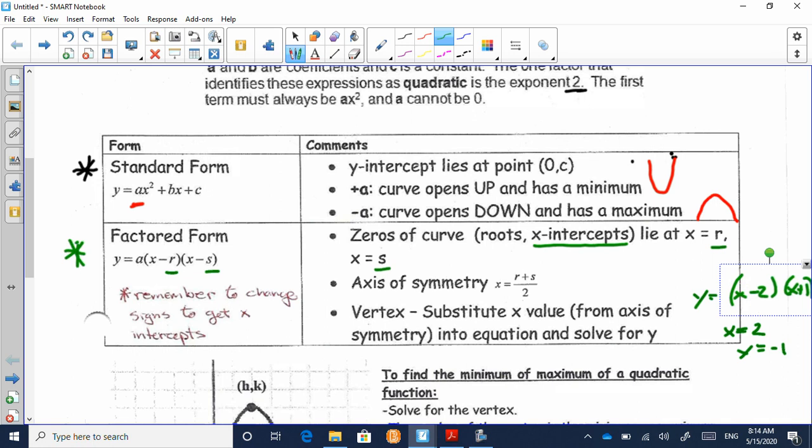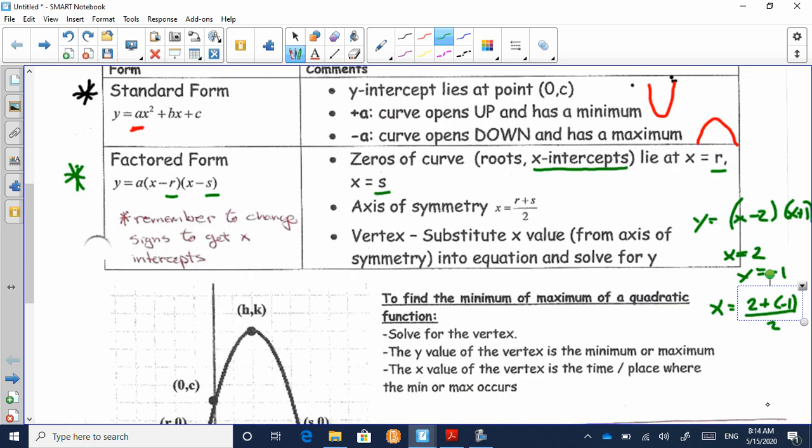We also know that the axis of symmetry is just r plus s divided by 2. So in the case that I just gave you, the axis of symmetry would be 2 plus negative 1 divided by 2, and so that would be equal to 1/2. So that's the axis of symmetry.